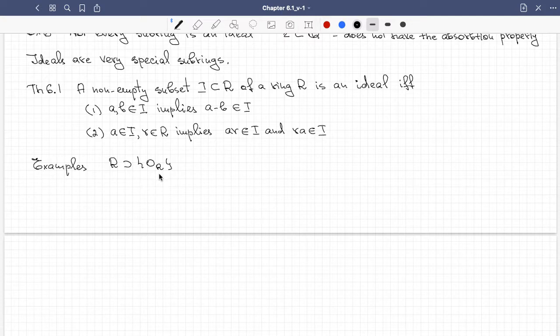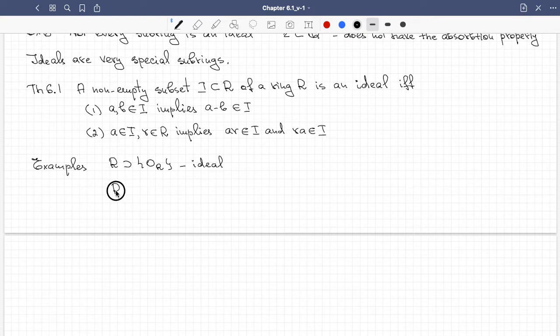This is the zero ring as a subring of any ring, and it is very easy to check that this is an ideal. This set of one element definitely satisfies the first property. 0 minus 0 is still 0, and there are no other elements to check. And what about the second property? Yes, 0 multiplied from the right or from the left by any element of the ring is 0. So this subset is an ideal.